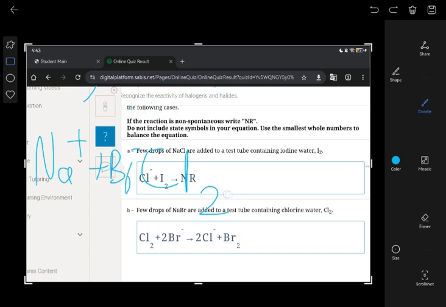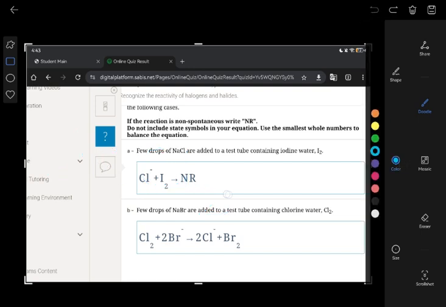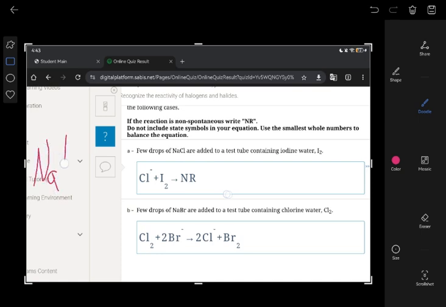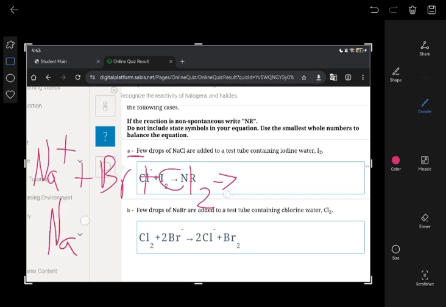So what Cl is gonna do is kick out bromine. Okay, so wait, let me write this with a clear color. So you have Na+ Br- plus Cl2. Now, it was like this before. So NaBr plus Cl2. Since Cl is more reactive, it's gonna kick it out.